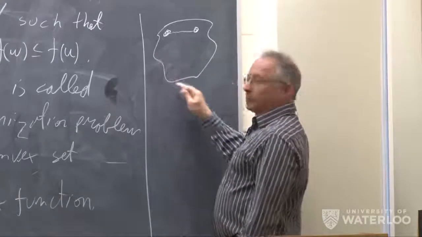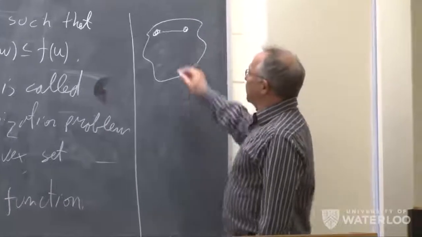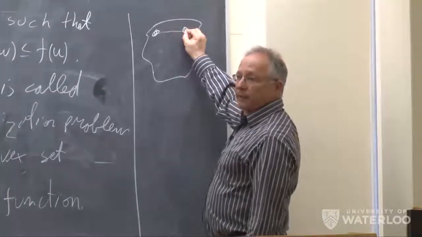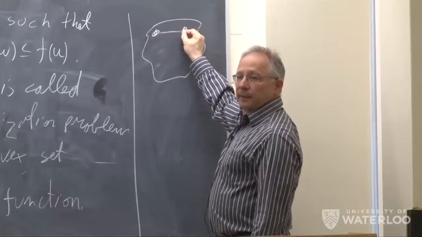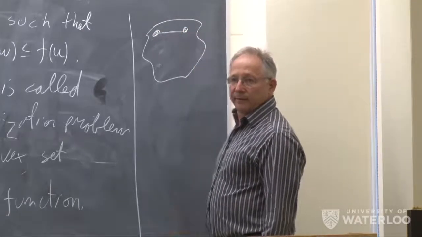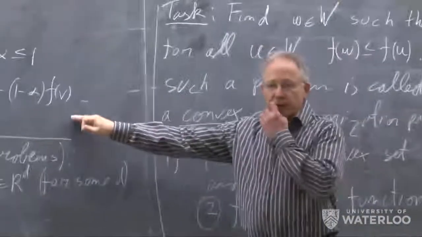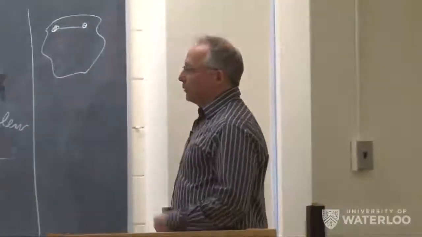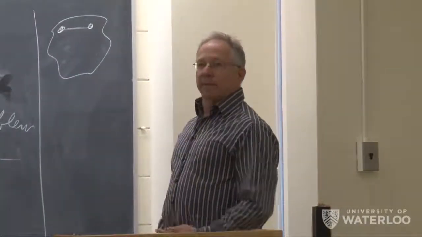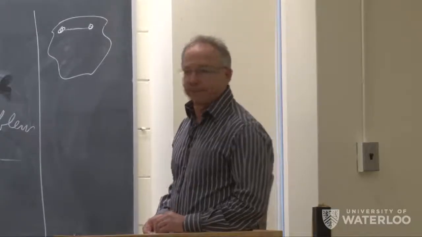No, because I have those wiggles here. So a set is convex if for every two points in the set, the linear segment connecting them is inside the set. So we had the notion of a convex set, we have a notion of a convex function, and the convex optimization problem is trying to optimize the convex function over a convex subset of R^d.